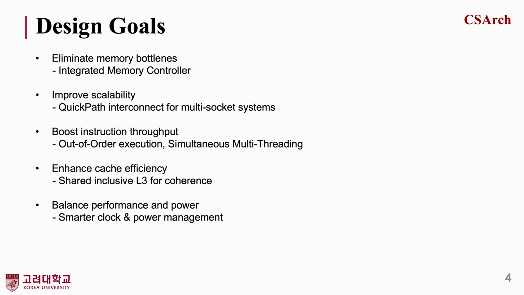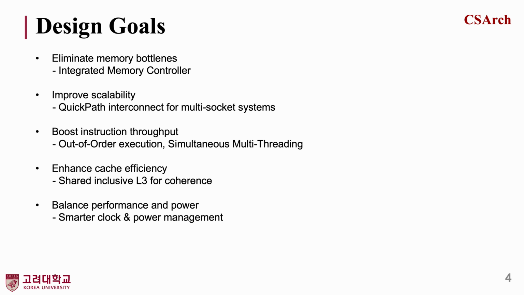So, Nehalem had to fix some fundamental issues. First, the legacy front-side bus was a bottleneck, so Intel put the memory controller on die. Second, scalability was terrible across sockets, so QuickPath Interconnect solved that with high-bandwidth point-to-point links. Third, throughput.